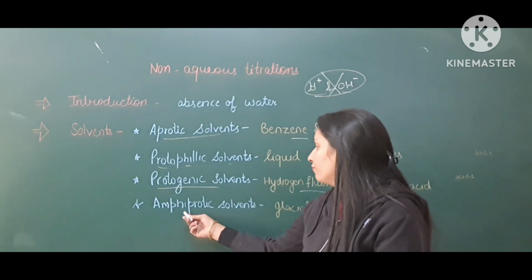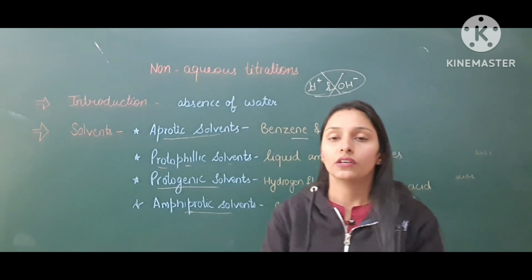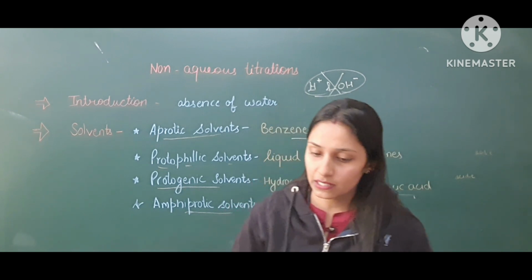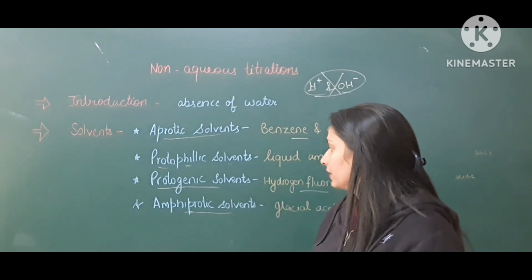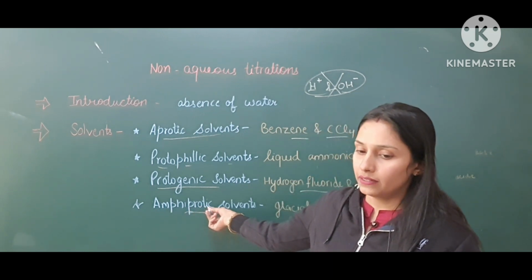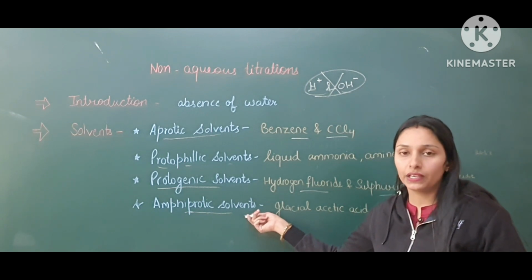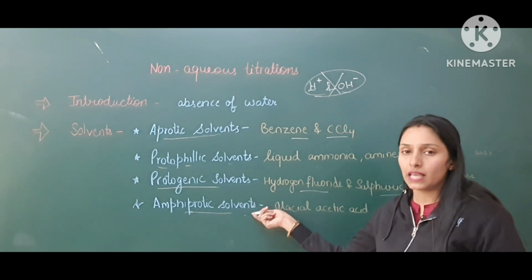Next is our amphoteric solvent. Amphoteric solvent means both natures are present in this type of solvent, meaning they act as acidic and basic both. They have the tendency of accepting and donating protons as well.